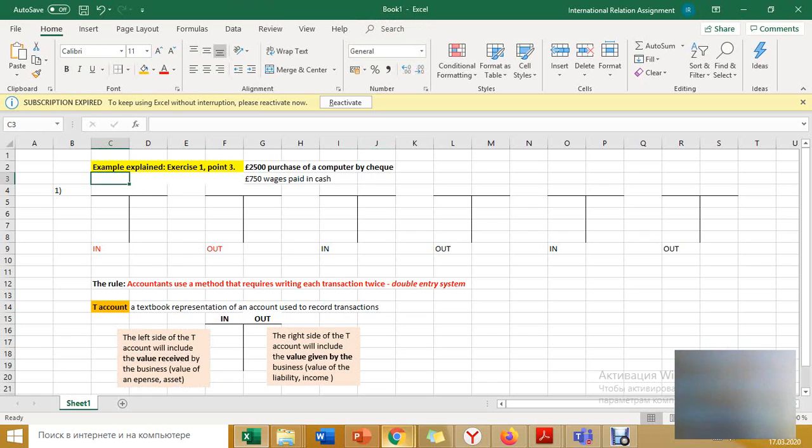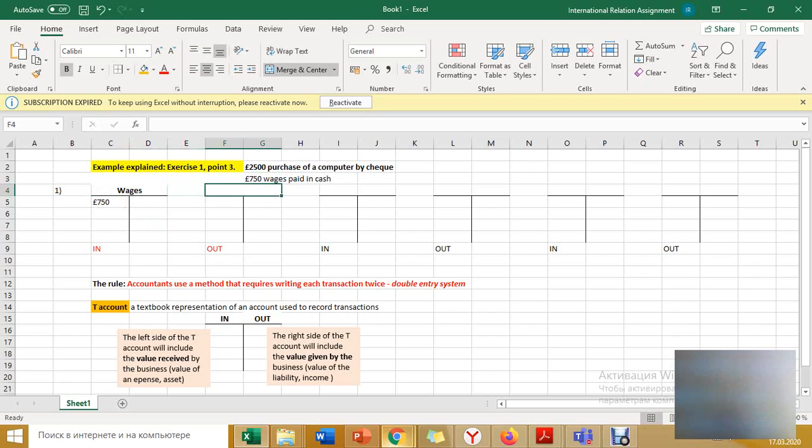So for the T account, you're going to have an account for the wages transaction, and that's going to be £750, right?